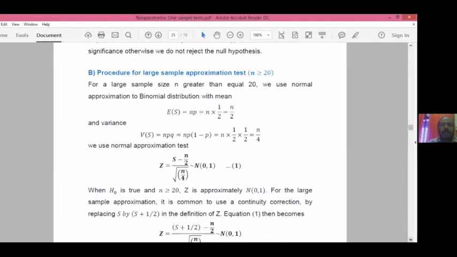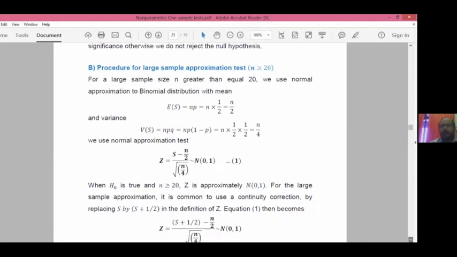The variance is npq, where q is 1 minus p, which gives n by 4. We use the normal approximation test, where Z is defined as given in equation 1: S minus n by 2, the mean, divided by the square root of the variance.